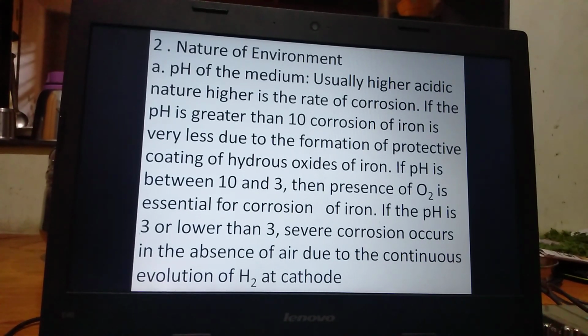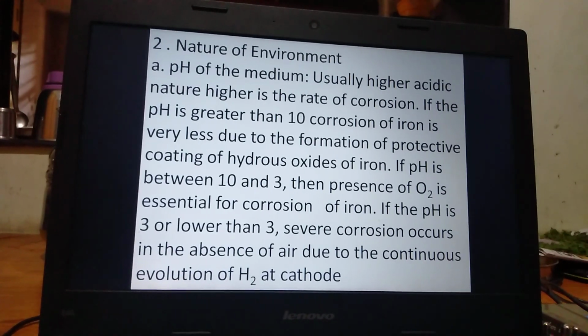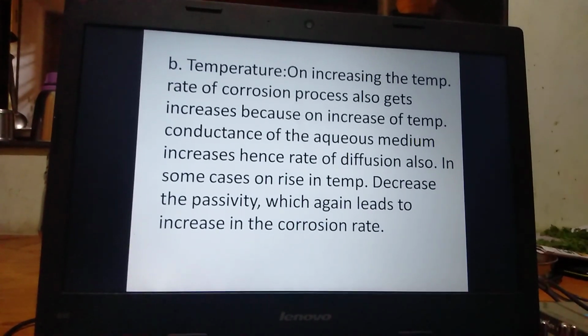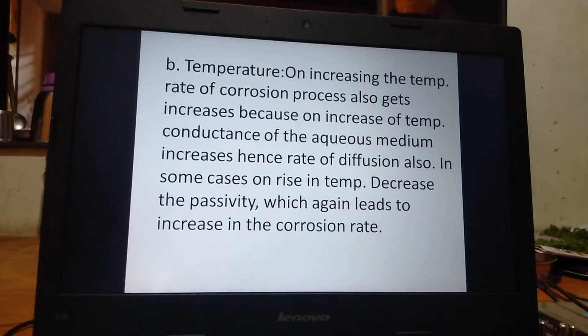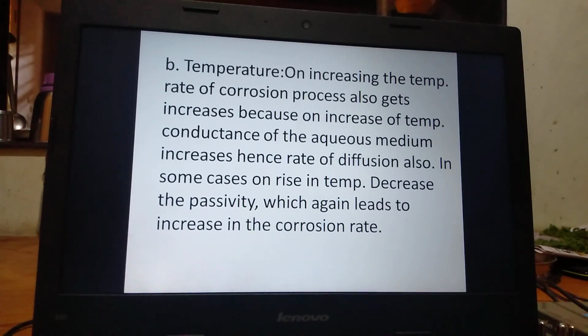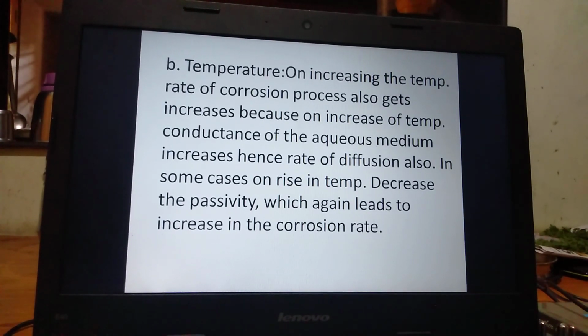However, if the pH is lower than 3, severe corrosion occurs even in the absence of air, due to the continuous evolution of hydrogen at the cathodic region. Factor number 2 is the temperature. In general, as the temperature is increased, corrosion is accelerated.